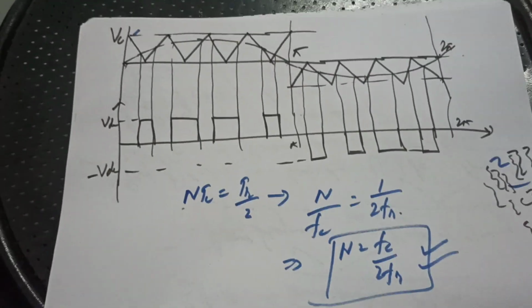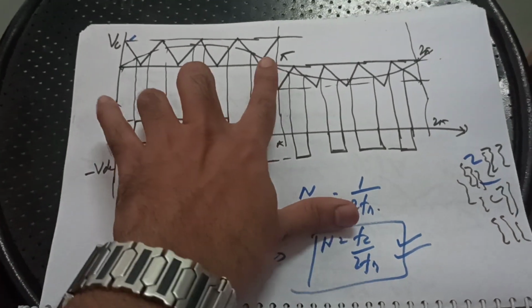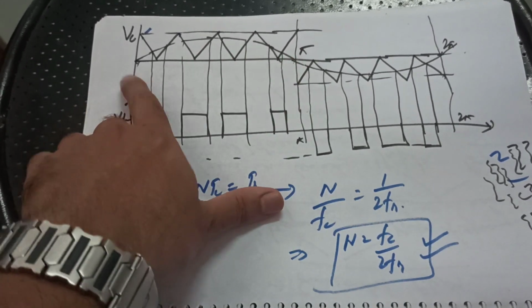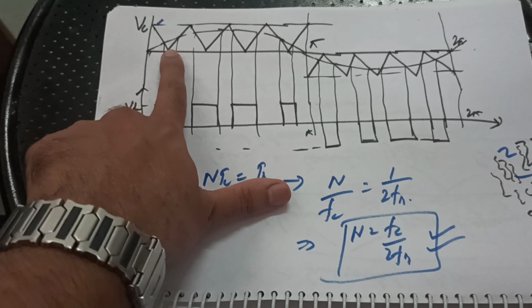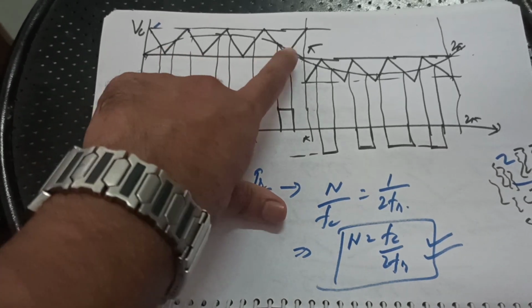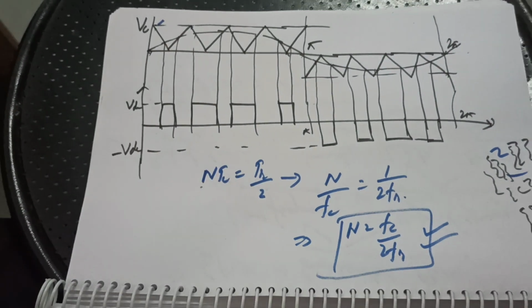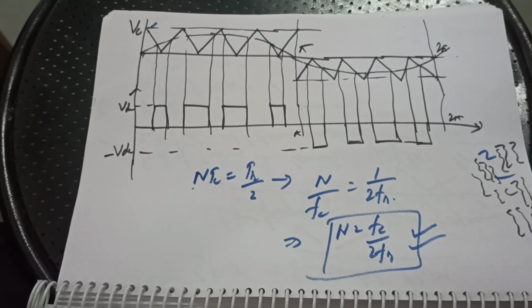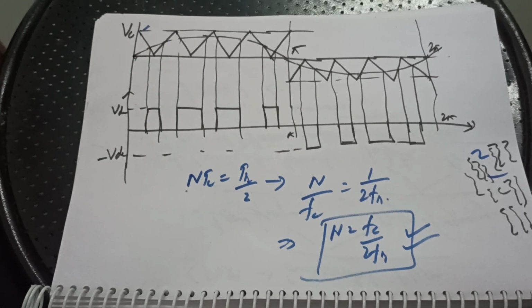Again, a very important thing is that this duration is Tr by 2. Now look at this. How many durations of Tc, how many durations of carrier are there? 1, 2, 3, and one more half. So basically, there are 4 Tc, clear?